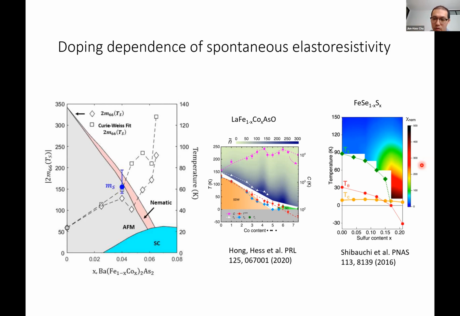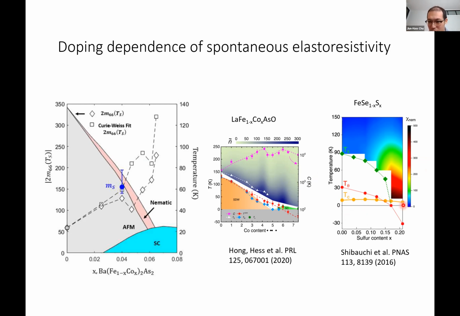For cobalt barium 122, the orthorhombicity decreases a lot when you enter the superconducting state. But for iron selenide, the orthorhombicity almost doesn't change when you go across Tc. So that already implies that there won't be a lot of suppression, because this is basically a thermodynamic relationship that works both ways, right?